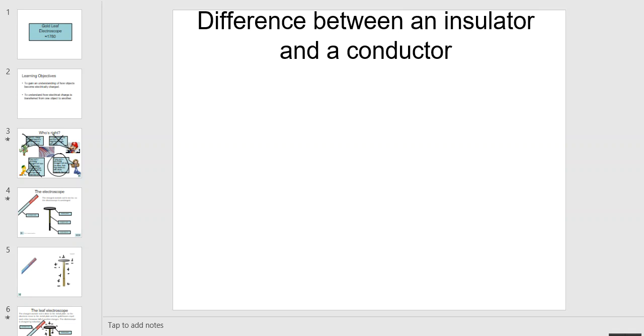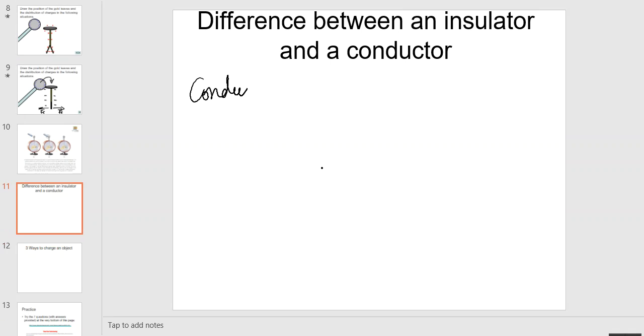Electrons can pass through it. In order for the electrons to be able to pass through it, what does that mean? Does that mean electrons move freely or do they not move freely? They move freely through conductors, all right? And so let's just write that because that's really important. In a conductor, electrons move freely.